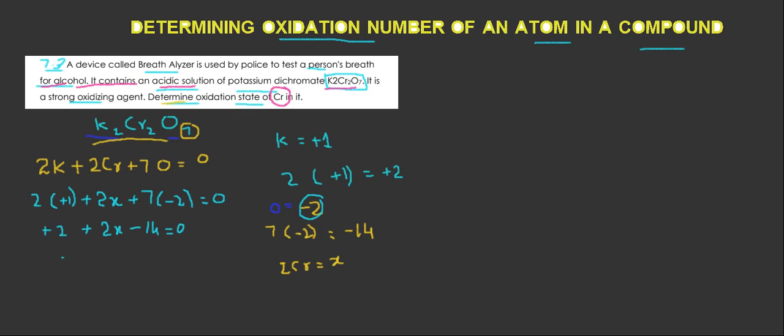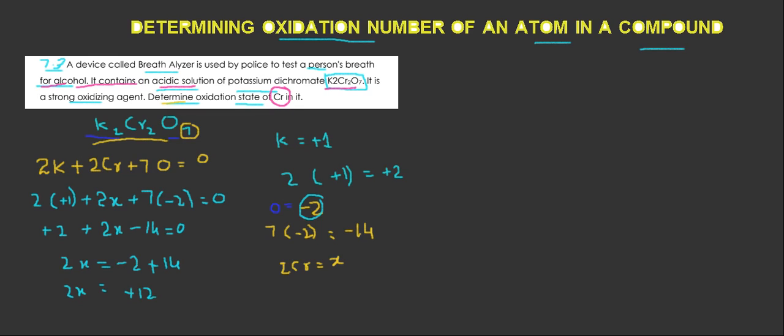So you can write 2X is equal to: here on this side we have +2, and once it moves to the other side of the equation it gives -2, and here you have -14, and once it moves to the other side it gives +14. So 2X is equal to -2 plus 14, which gives +12.